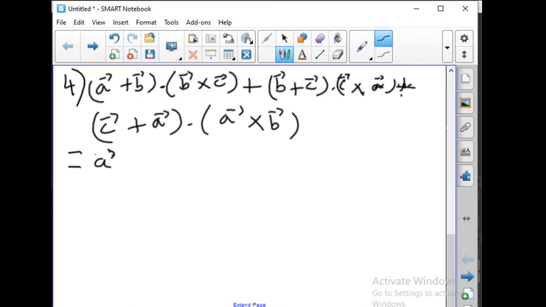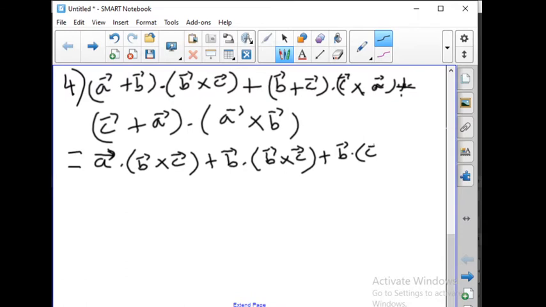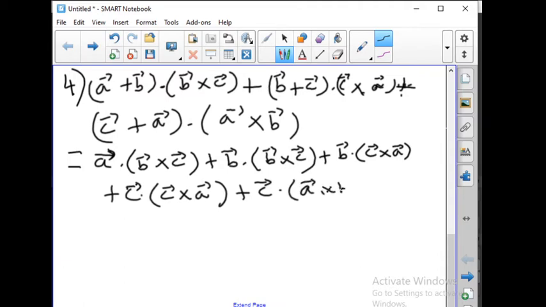So A vector dot B vector cross C vector, plus B vector dot B vector cross C vector, plus B vector dot C vector cross A vector, plus C vector dot C vector cross A vector, plus C vector dot A vector cross B vector, plus A vector dot A vector cross B vector.